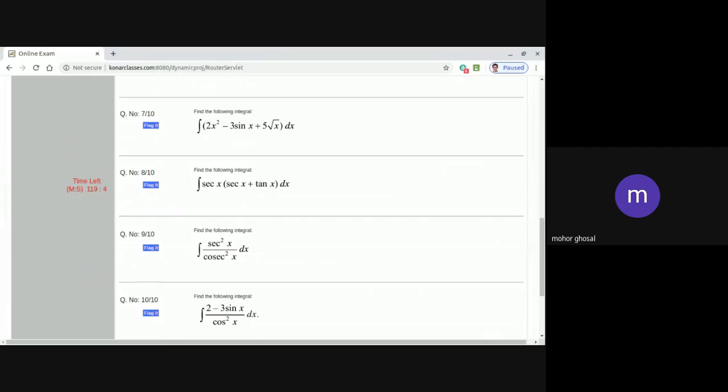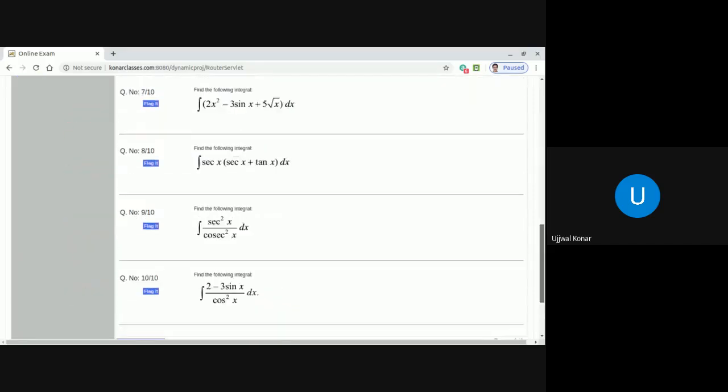The differentiation d/dx of sec x is sec x tan x. Yeah. So then the integration of sec x tan x is sec x, the antiderivative, right? So the question becomes integration of sec square x plus integration of sec x tan x, correct or not? Got it now or not? Yes, sir. I got it. Okay, all right. Any other question, dear students?